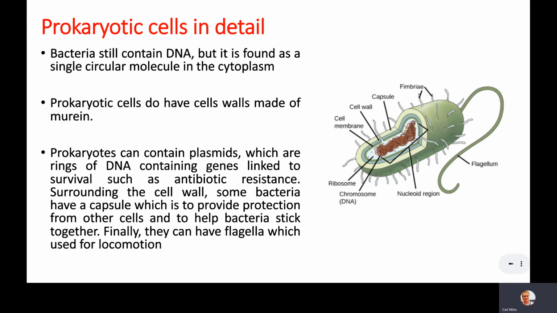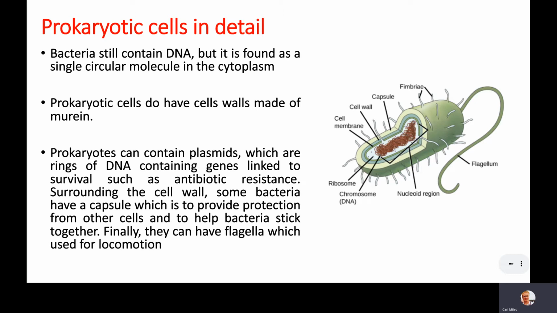It wouldn't be found within a membrane-bound nucleus. And if we have a look at the cell walls, often prokaryotic cells will have peptidoglycan as their main component, and this will help with structure.